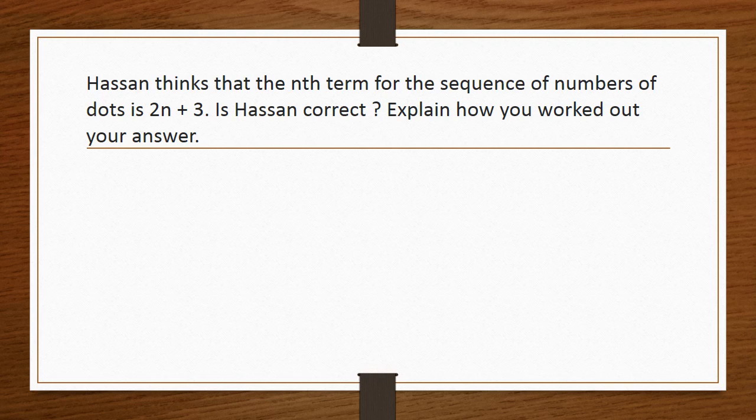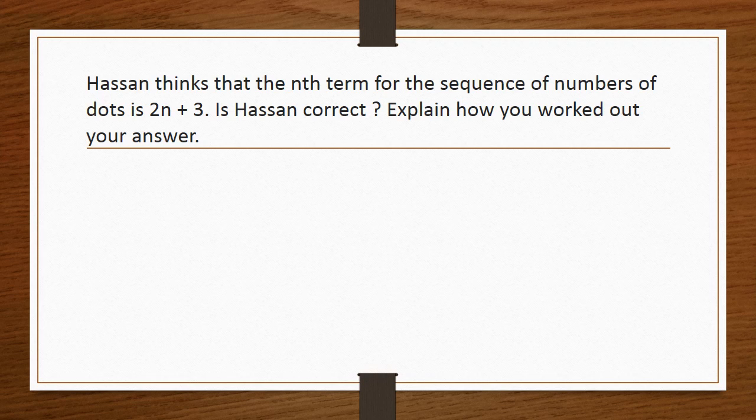Hassan thinks that the nth term for the sequence of number of dots is 2n plus 3. This is what he found as the nth term, right? Now is Hassan correct? We have to say whether he is correct or not, and we have to explain our answer. With the help of this pattern we can find out the position to term rule, right?